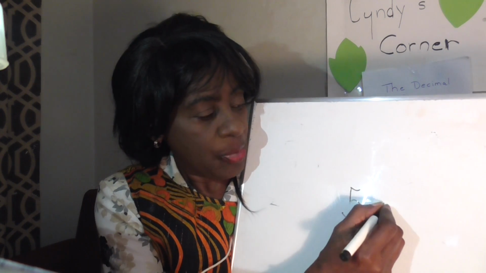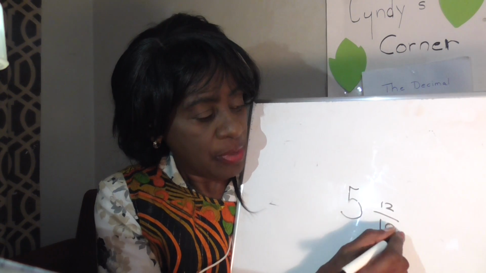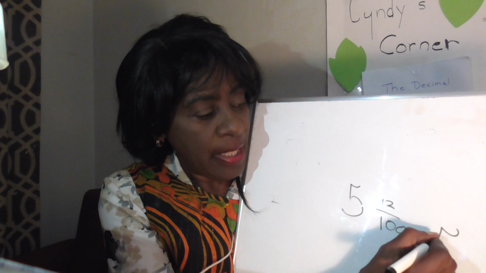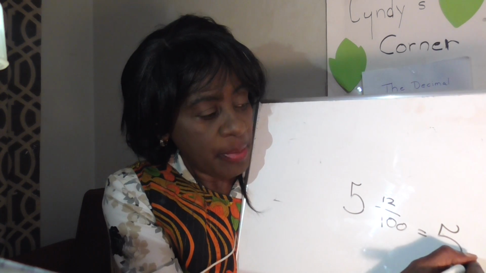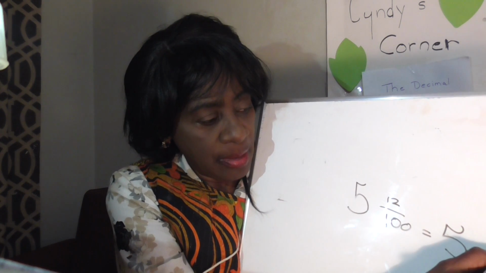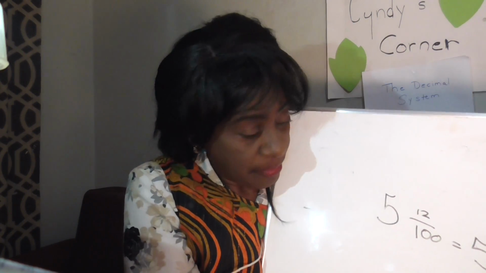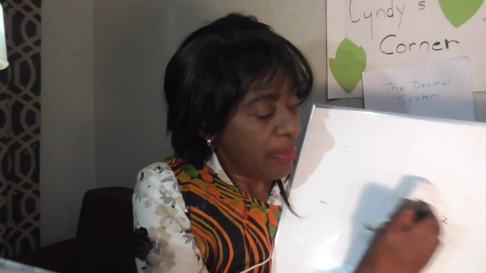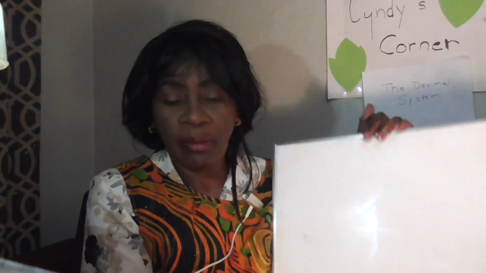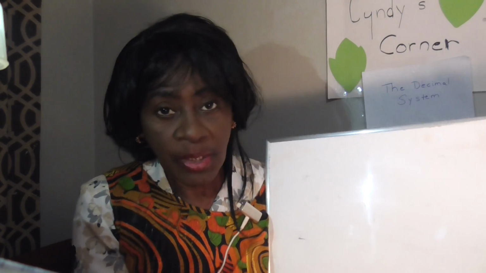$5 and 12 over 100 will be written: 5 is the whole number, the decimal point. There's always 3 parts. I mean, the fraction value may be longer than 2 digits.